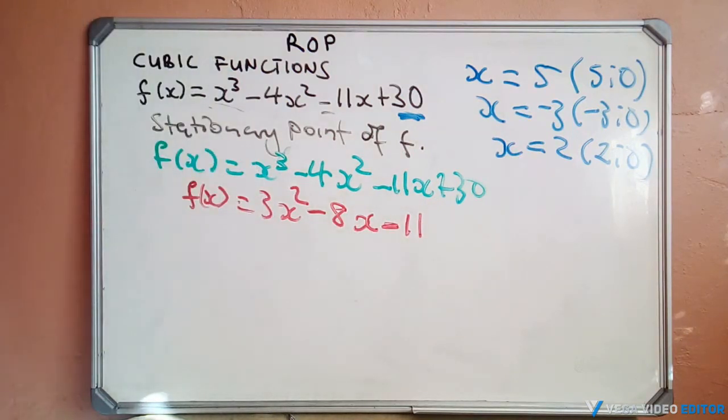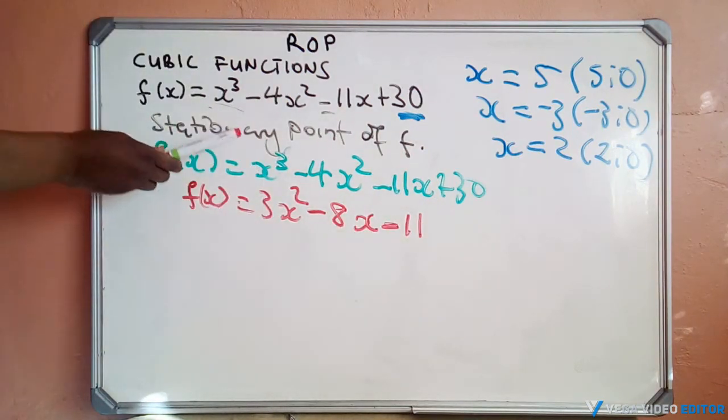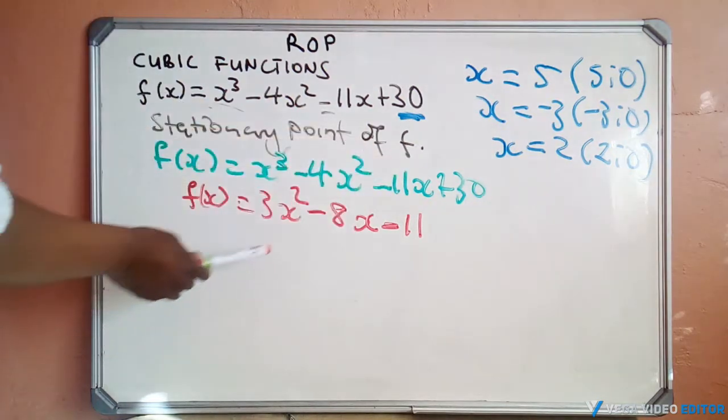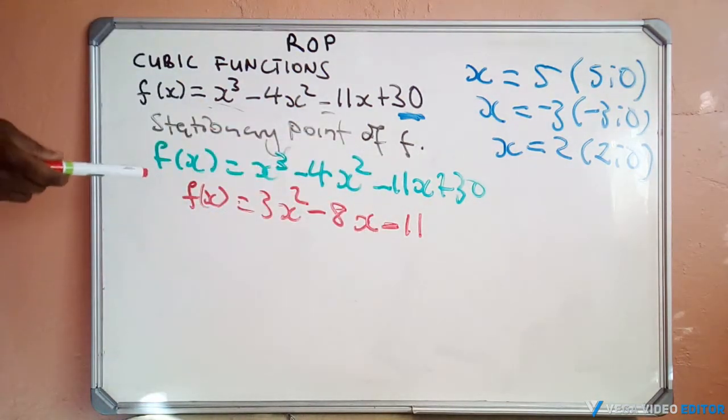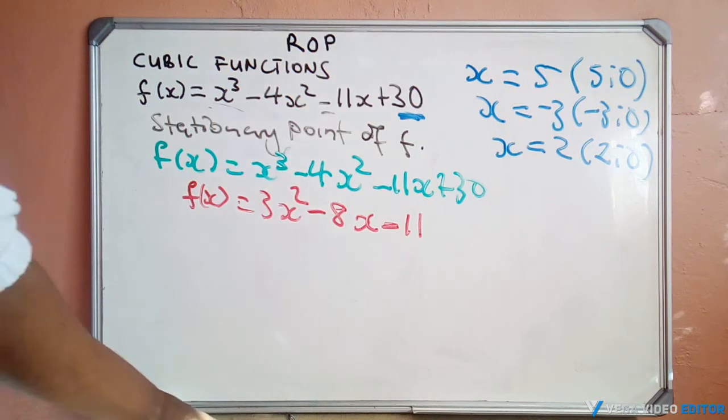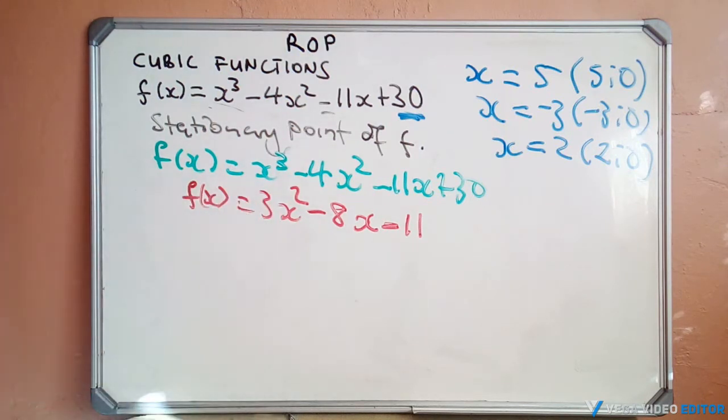So we have differentiated this cubic function to get this quadratic function. Now once we are there, we can then factorize this.